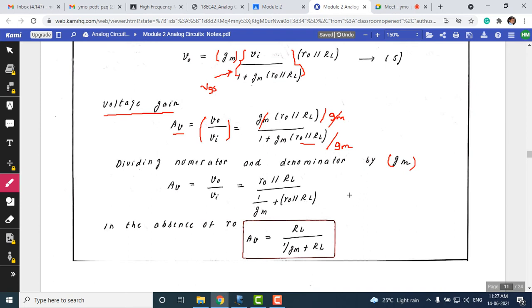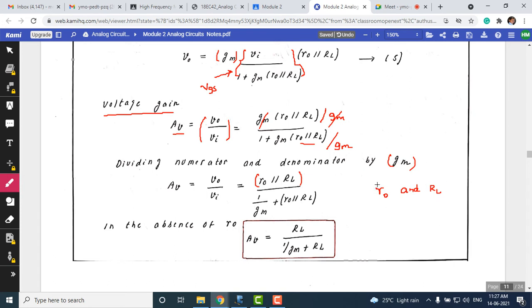Now again we will do an approximation between these two resistances. We have R naught and RL. Remember, this is an internal resistance and this is an external resistance.